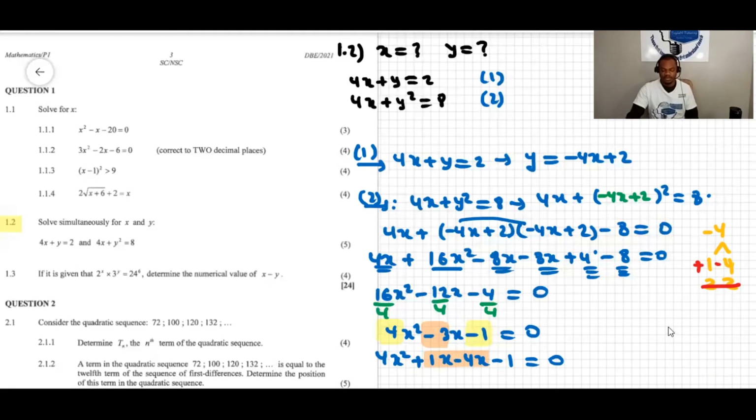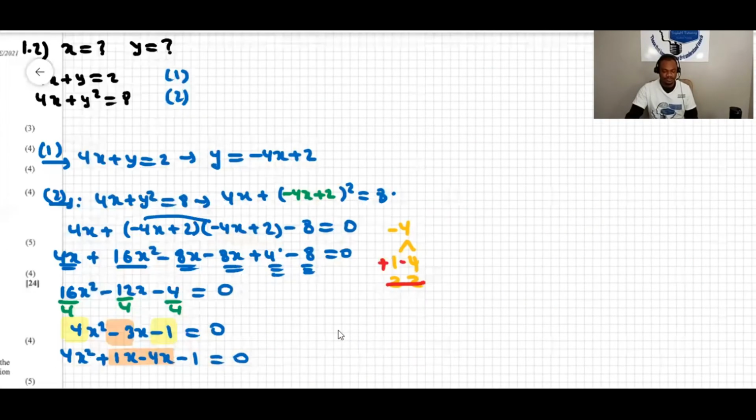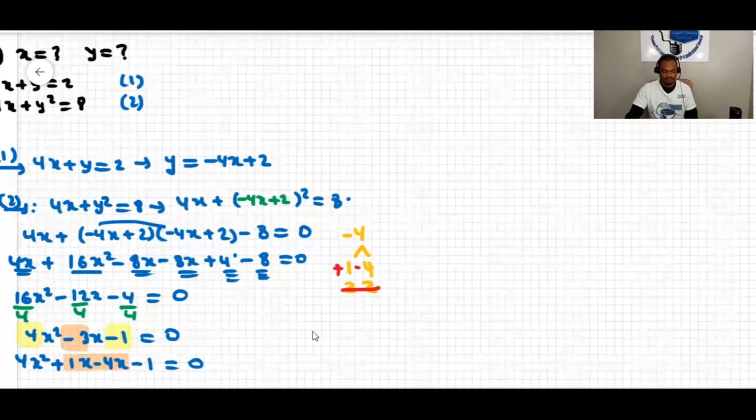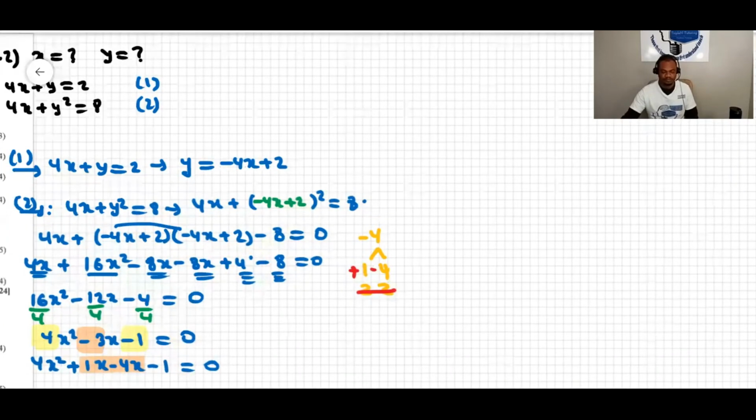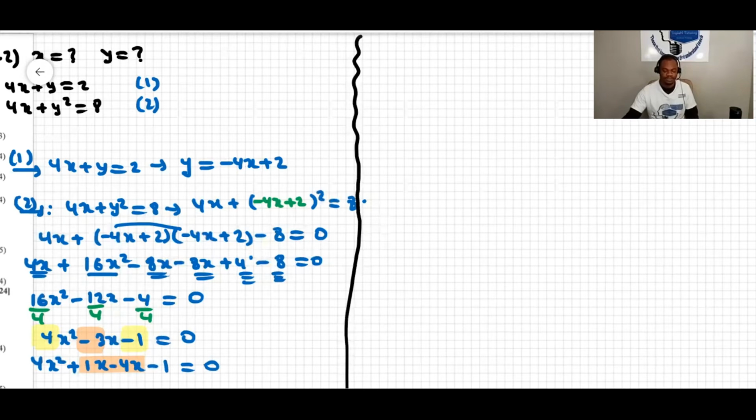We had 4x squared plus 1x minus 4x minus 1 equal to 0, because we want to factorize by grouping. We first extend the trinomial into a polynomial with 4 terms, then we can factorize by grouping.